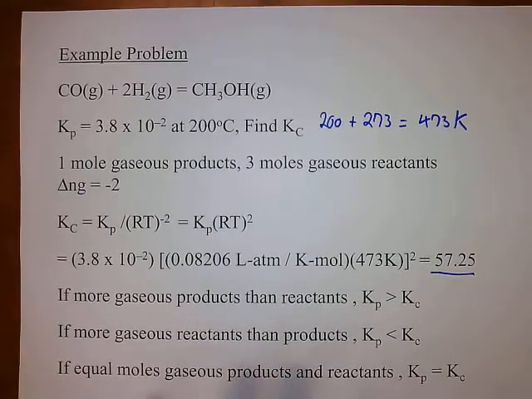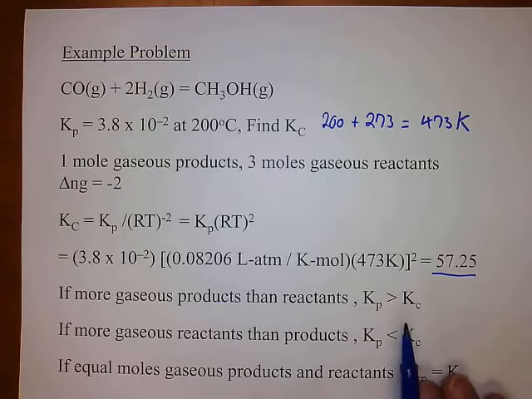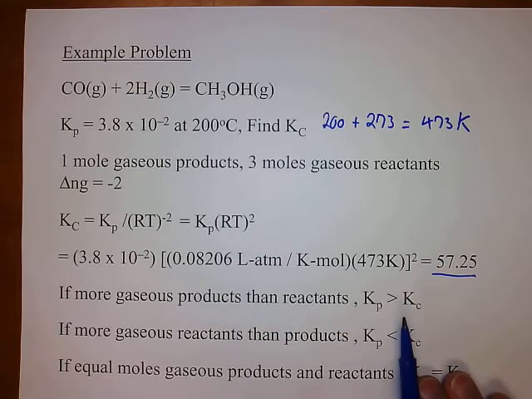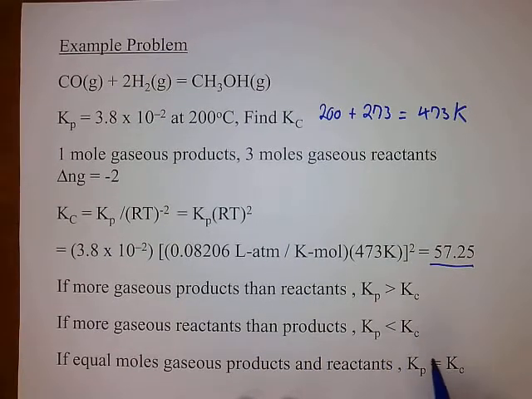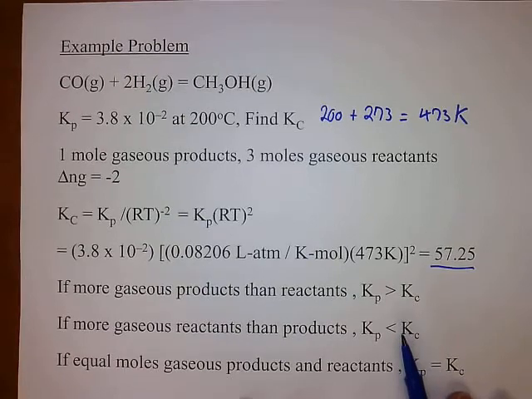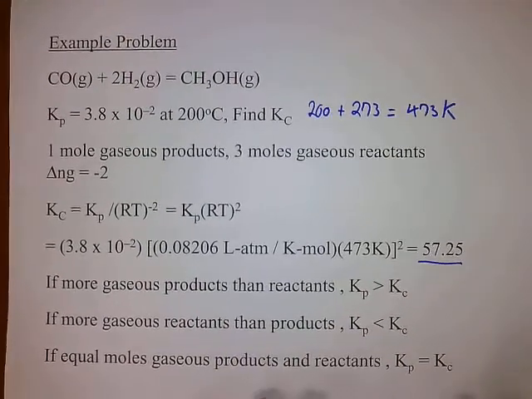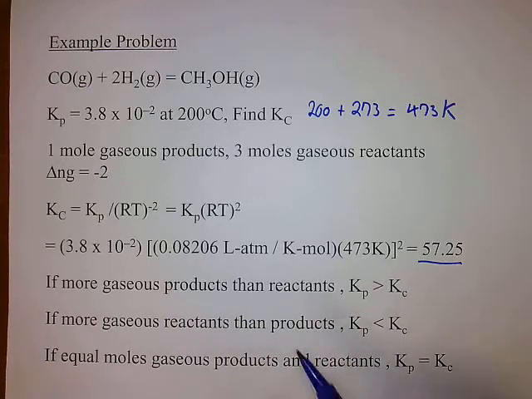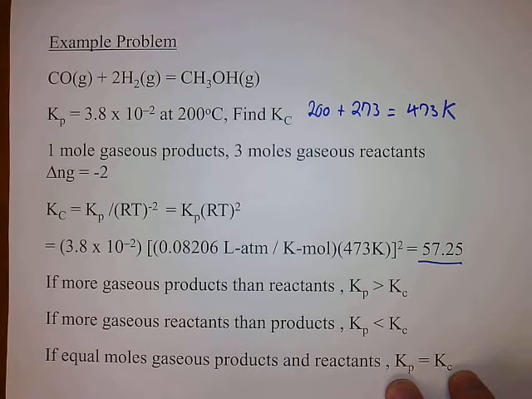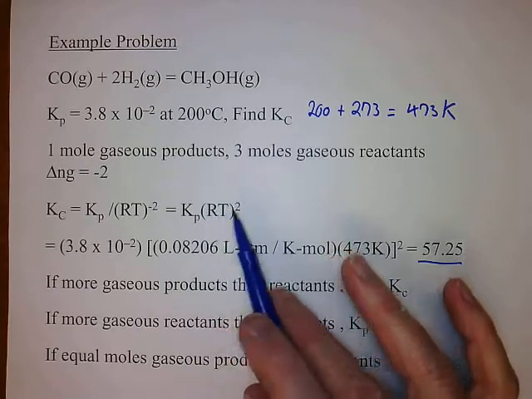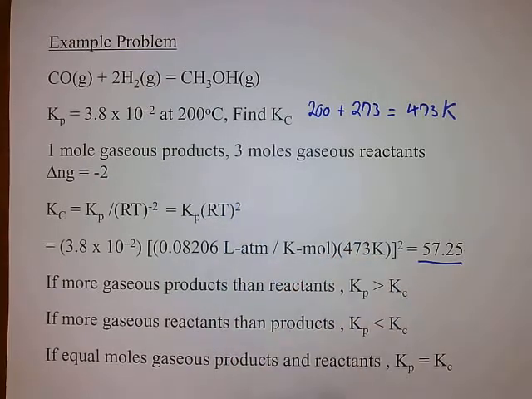So if you have more gaseous products than reactants, Kp will be bigger than Kc. If you have more gaseous reactants than products, Kp will be less than Kc. And big surprise, if you have equal moles, then Kp is equal to Kc. Because if you have equal moles, delta Ng is going to be 0, and the RT term becomes 1 because it's raised to the 0 power.